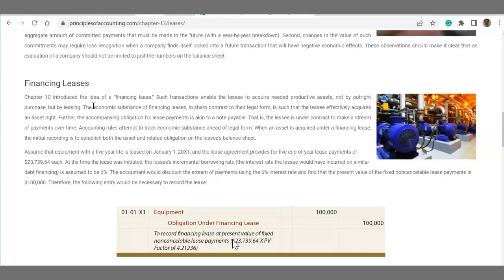Under the old GAAP, if you used more than 90% of the life of the equipment, then you had to recognize it as a capital lease or so-called finance lease. But now it doesn't tell you an exact 90%. It says majority. So that way, it's harder to create a scenario to skip recognition of a financing lease.